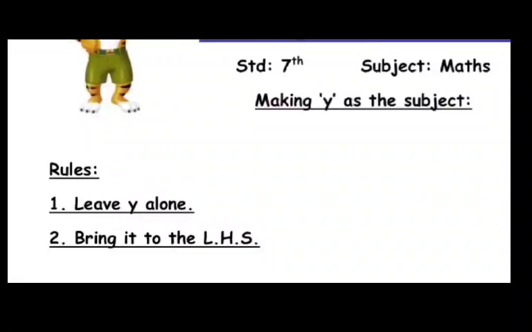Eventually, you have to bring all the variables, all the coefficients, all the numbers to another different side and leave Y alone. And then finally, when everything is sorted, you bring Y to the left hand side, and that's when it is known as making Y the subject.